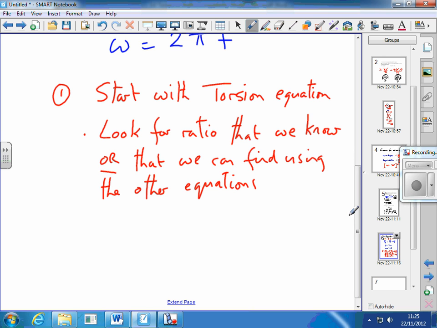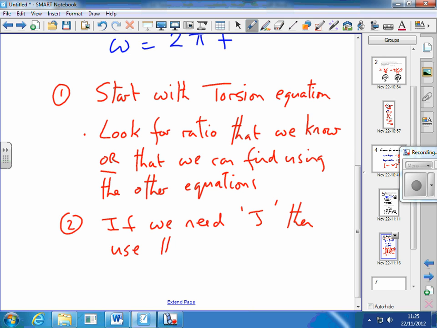So if we need J, this polar second moment of area, then we also need those equations. We might actually need recourse to another two equations for the polar second moment of area.